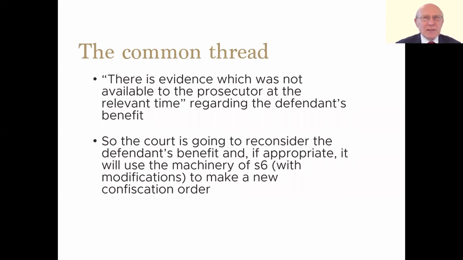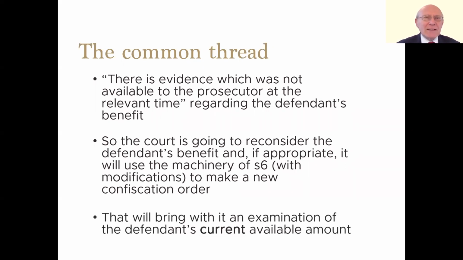And if appropriate, it will then go on to use the machinery of section 6, the normal machinery that it uses in making a confiscation order, with some necessary modifications to make a new confiscation order. And that brings with it an examination of the defendant's current available amount.